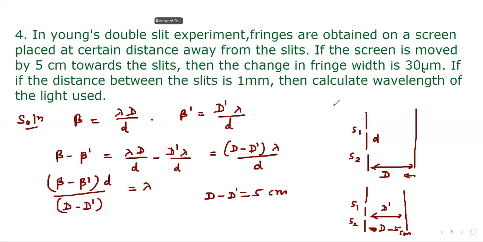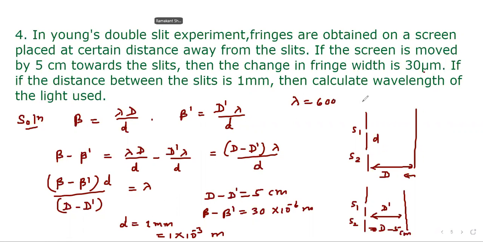And the difference in fringe width is 30 micrometer, meaning beta minus beta dash is 30 micro, that is 10 power minus 6 meter, and small d is given as 1 millimeter, which is 1 into 10 power minus 3 meter. So we can put these values and then we will get lambda as 600 nanometer.